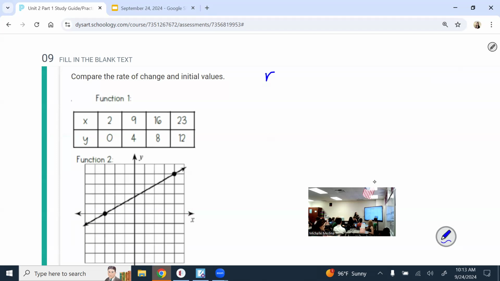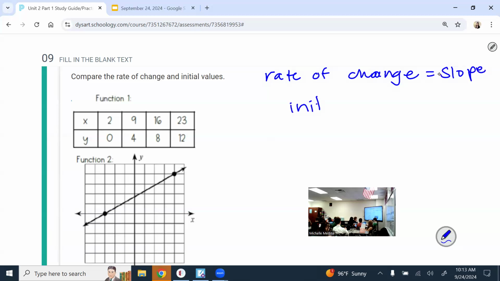What's another word for rate of change? Maybe look at what they're giving you. Tables we didn't do a whole lot with, but graphs for sure. What's my rate of change of my graph called? Slope. So when they say compare rate of change, we're really saying compare the slope.